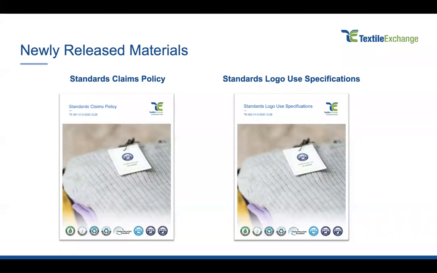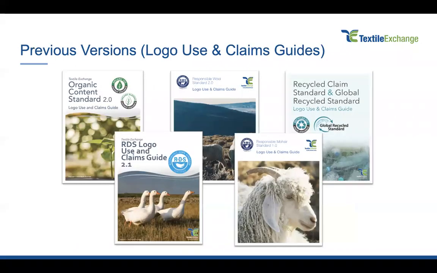And previously, if you go to the next slide, we actually have had individual logo use and claims guides. So this was all of the guidance around what claims you are qualified to make, the logo use, all of those things were combined by standard. And a lot of the information ended up being repeated. And in some cases, because we had differing release dates, there were inconsistencies between some of the requirements.